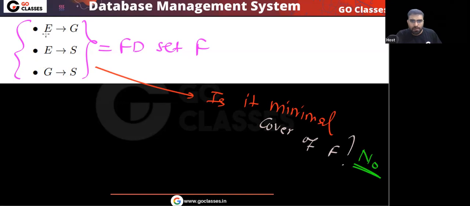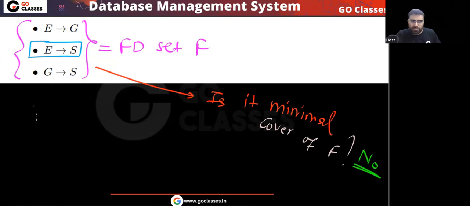you can delete E determining S. Just focus here, I can delete this E determining S, and still the result will be equivalent to F. Yes or no?